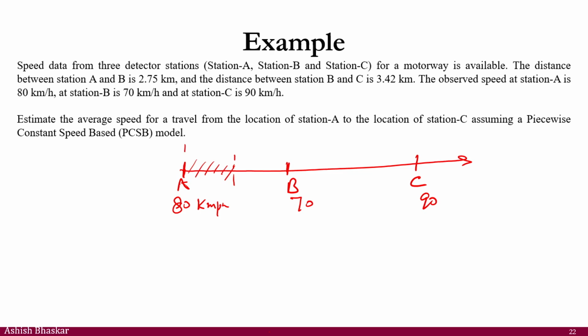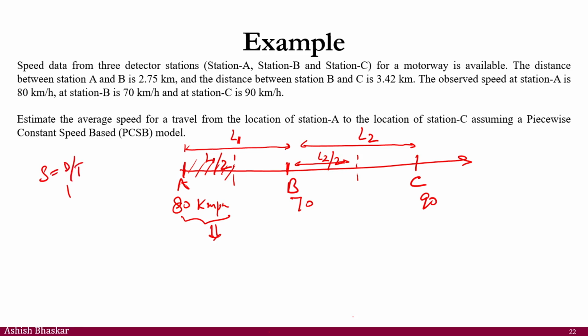If this distance is length L1, then this part is L1 by 2. If this distance is length L2, which in this case is maybe 3.42 kilometers, then this part is L2 by 2.